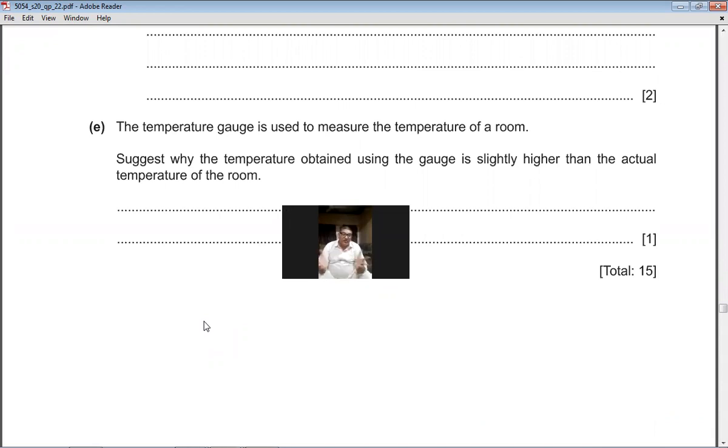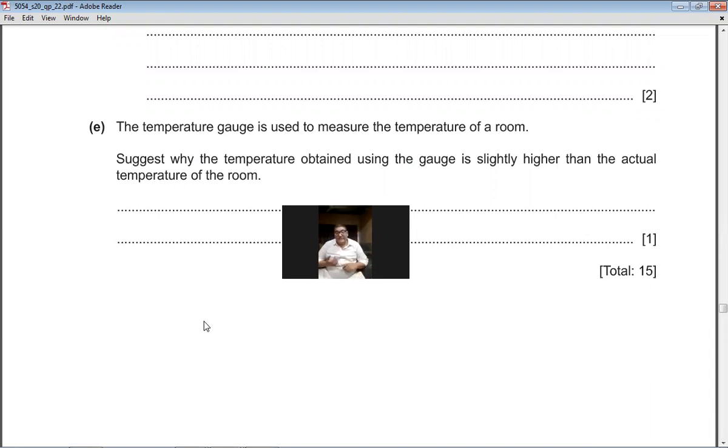But when the current flows through the thermistor, due to its resistance, the electric energy will be converted into heat energy. So the thermistor will also be producing its own heat. Due to that, the temperature of the thermistor will be a little more than the temperature of the surrounding. So that's why the temperature noted by the thermistor will be higher than the temperature of the actual room.